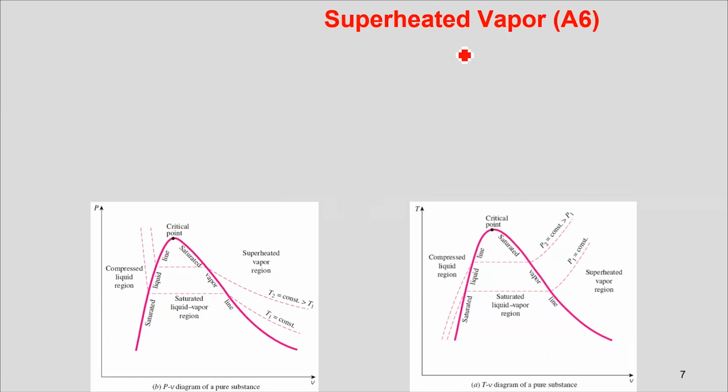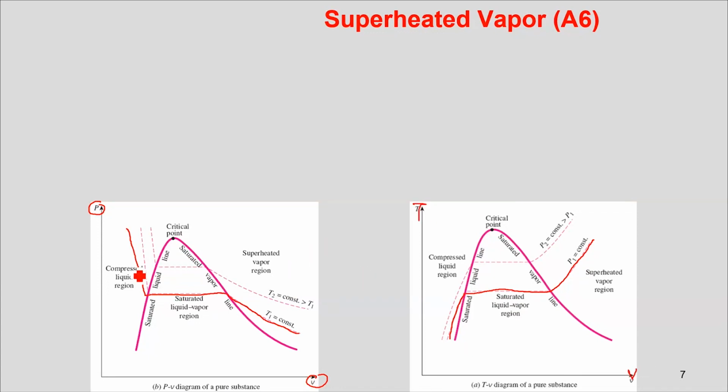Moving on towards the superheated vapor region, how do we identify the superheated vapor region? There are basically five characteristics that define the region. If you have a pressure-specific volume plot, this is a constant temperature line in a PV plot, and this is a constant pressure line in a PV plot.